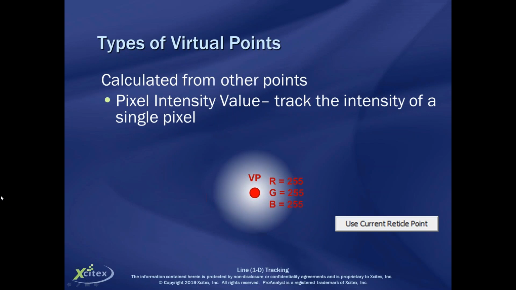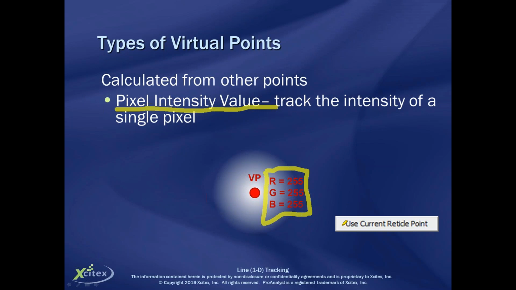Another very interesting and very powerful type of virtual point that we have available is called the pixel intensity value point. This is generated with the reticle as well, and in it you essentially assign a value to a single pixel, and then you output intensity RGB values off of that single pixel using the intensity value virtual point.